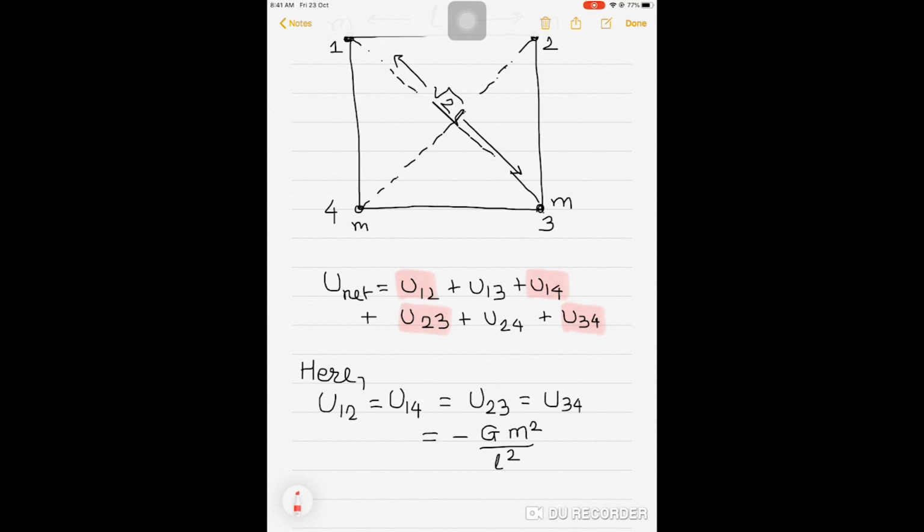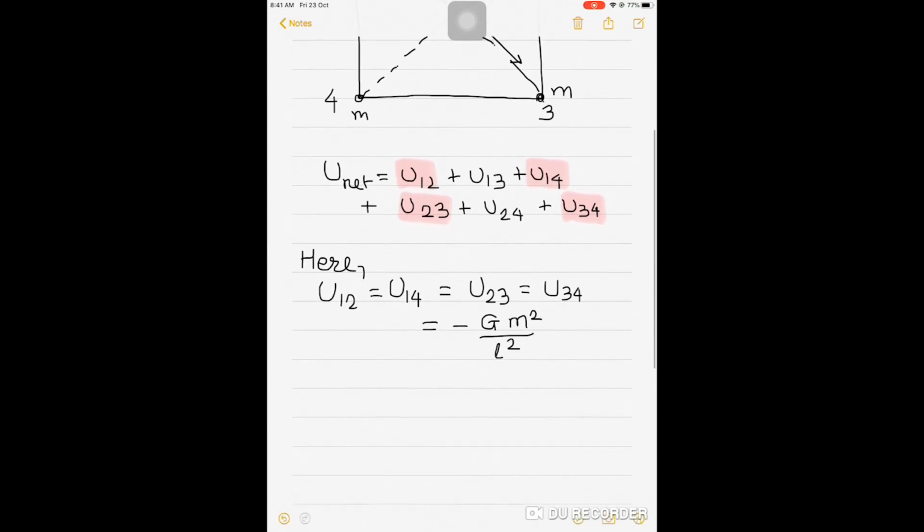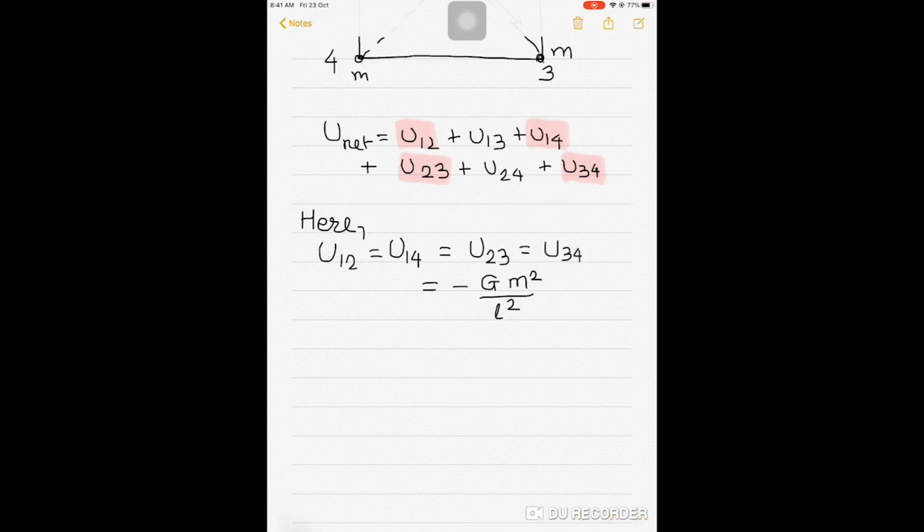Then we have another pair, U13 and U24. So here we can say U13 is equal to U24, which is equal to minus G m square upon root 2 l.